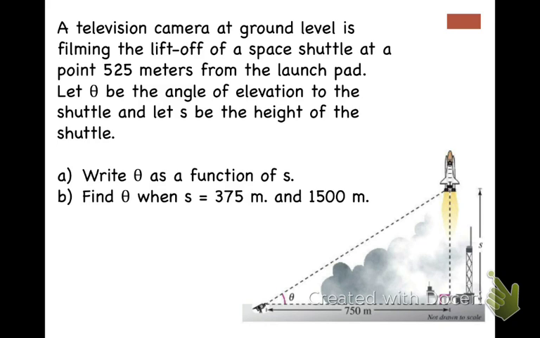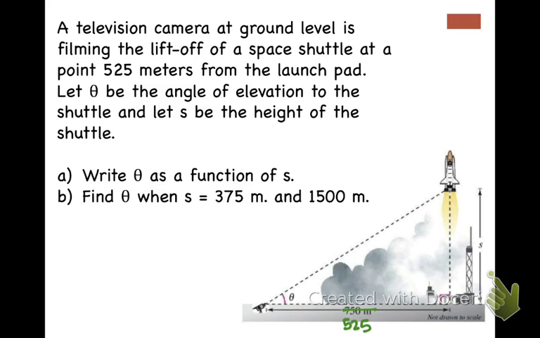So it's already marked on our picture. Now, the picture doesn't really match the problem. It says 525 meters, but the picture says 750. So we're just going to cross that out in the picture and replace it with our 525.